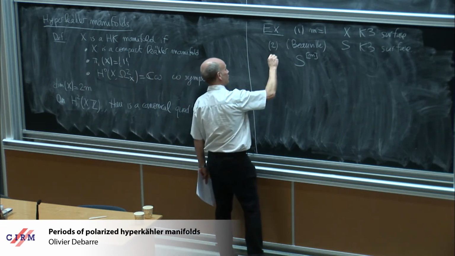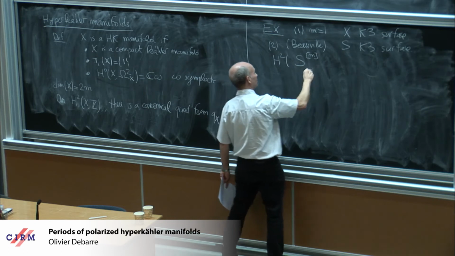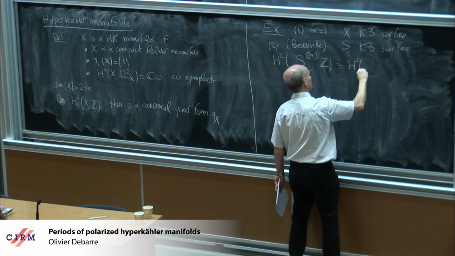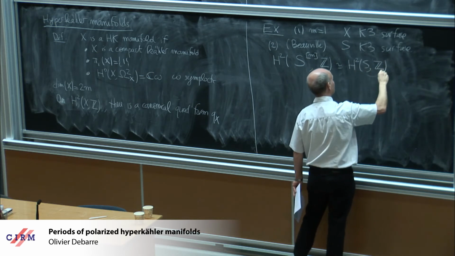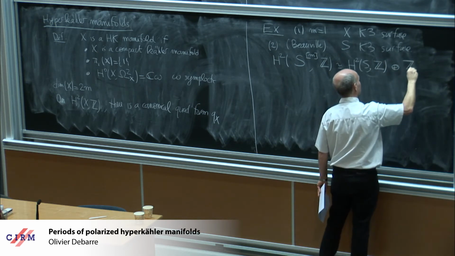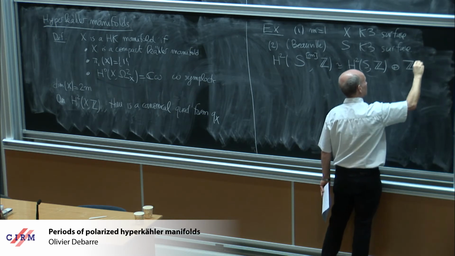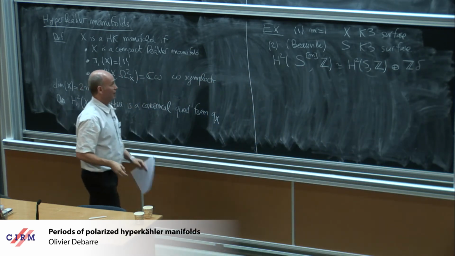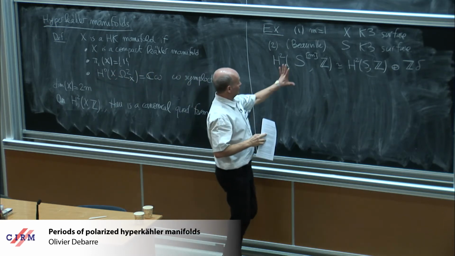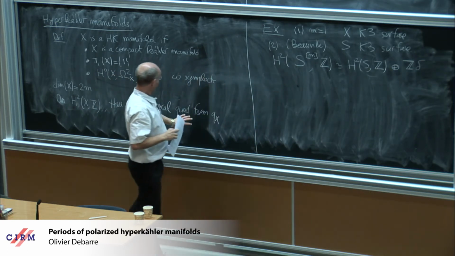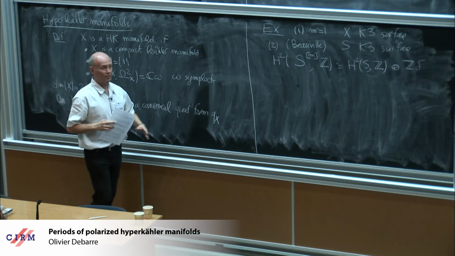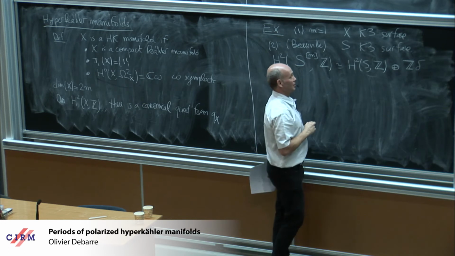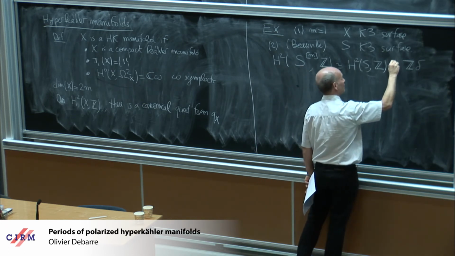And so the H2 of this was computed by Beauville. And he found that there is an isomorphism, so usually it's called delta, but it's not the same delta as before. And so here you have the Beauville-Bogomolov quadratic form. And for this form, this is an orthogonal decomposition.